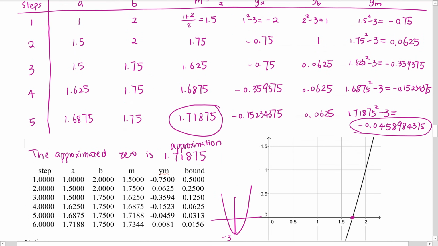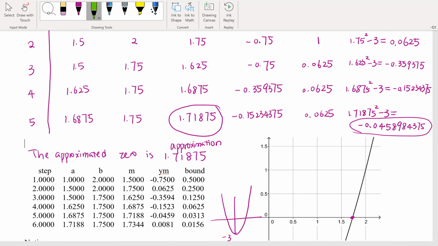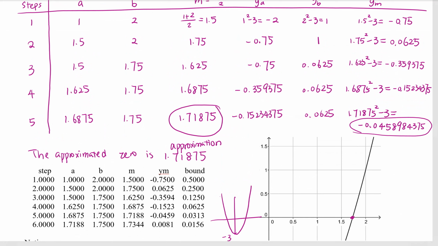Let me use a different color. This is ym. We are looking for 0, so if y is close to 0, that's good, right? You can see 0.75 is not so close, and 0.06 is quite close to 0. But 0.35 is not as close as 0.06. So at the second step, we get a better approximation than at steps 3 and 4.